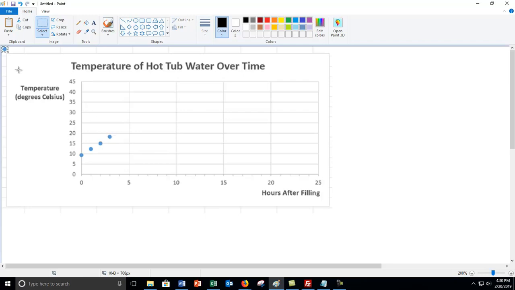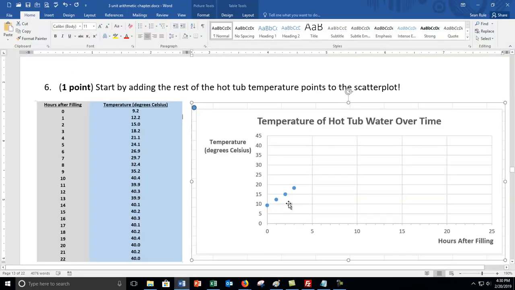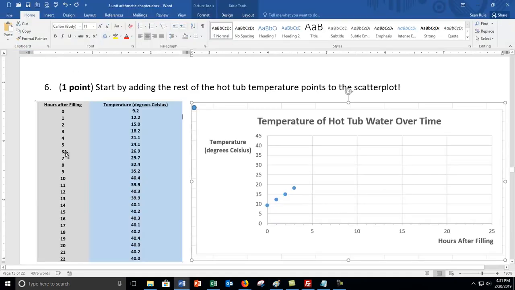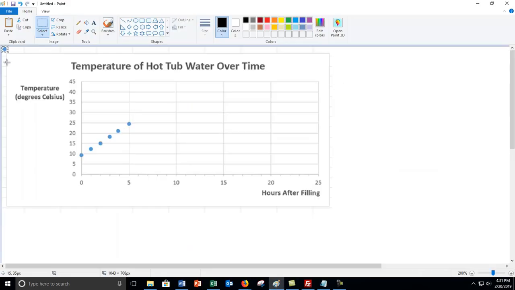So hour 4 was 21.1 degrees, so it's right about there. Okay, let's go back to the homework. 5 is 24.1 degrees. 6 is 26.9 degrees.